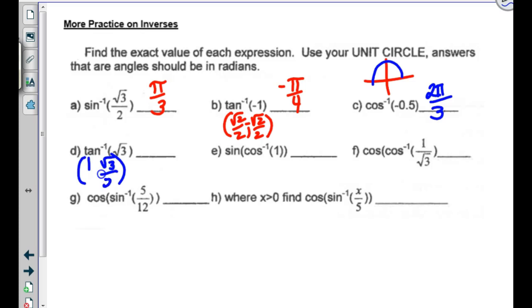Yeah, this one I'm thinking. Does that work? So that the tangent would be this over this, which happens at... All right, weird one. Inverse cosine of 1. When is x 1? At 0, right? And what is the sine at 0 radians?